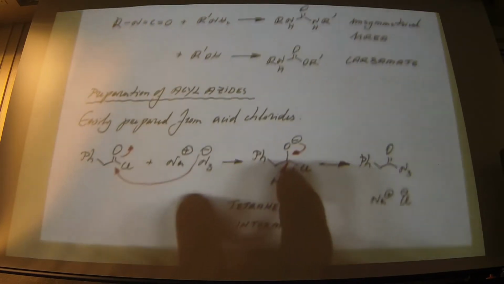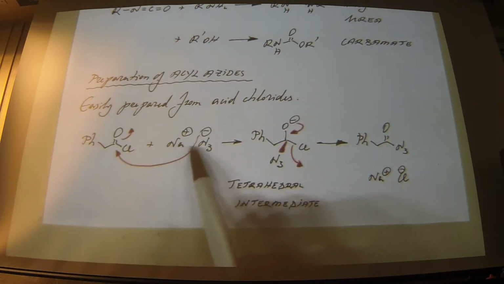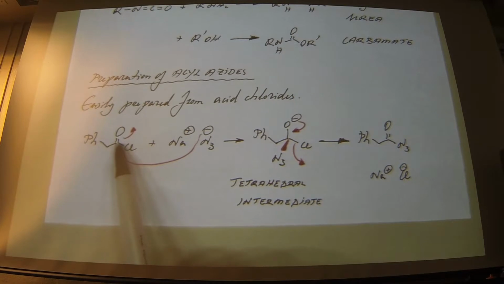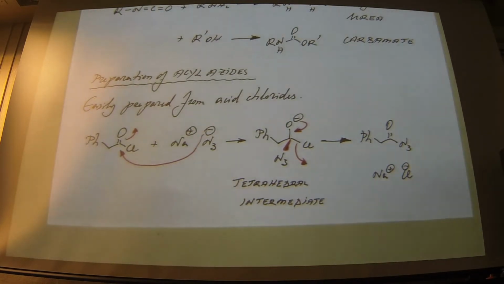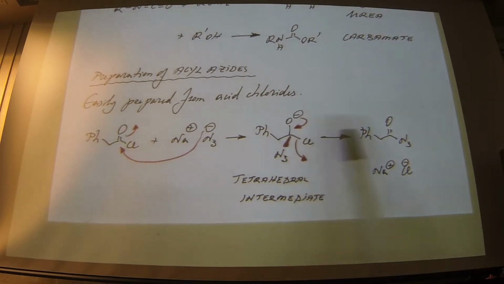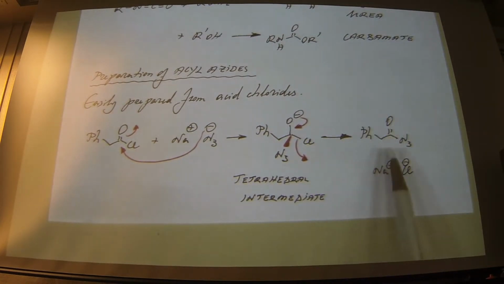Okay, now the preparation of acyl azides is the one that I showed. You start from the acid chloride, all the way at the reactive end of the reactivity scale. You use sodium azide as your nucleophile, and you end up with the acyl azide. You get the tetrahedral intermediate, that collapses, that gives you the acyl azide. The acyl azide is stable at room temperature. If you heat it up, then of course you get the Curtius rearrangement.